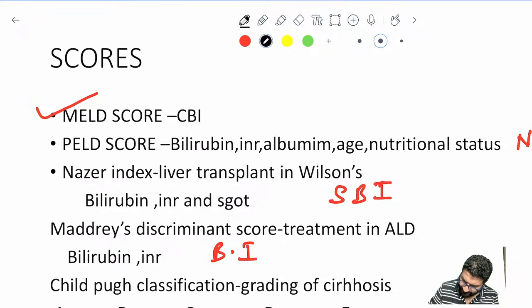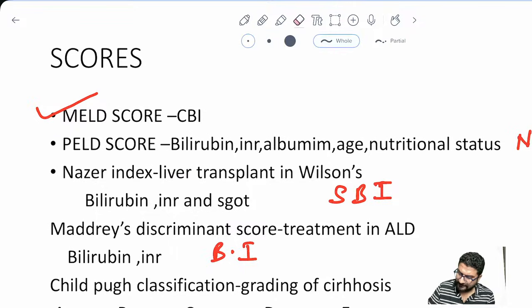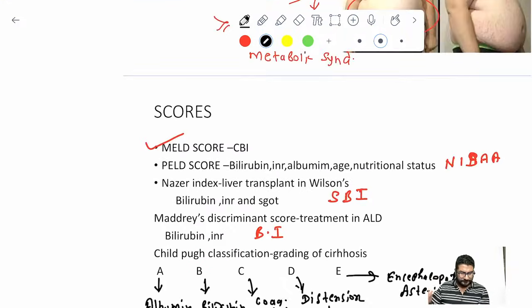Distension means distension of abdomen, that means ascites. And E for encephalopathy. Sometimes the examiner will not give the term encephalopathy. What will they give you? They will give you flapping tremors, and these flapping tremors are called asterixis. Done.